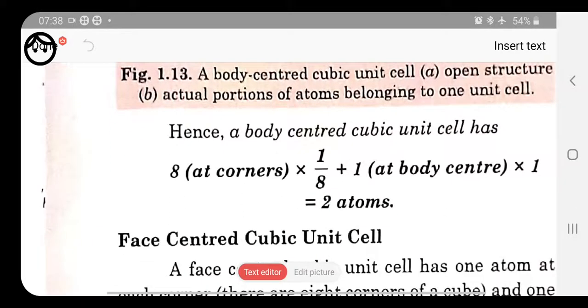By combining this, a body centered unit cell has 8 into 1 upon 8 plus 1 because of the body center, into 1. So the total in the body centered unit cell is 2 atoms: 1 because of the corners, and 1 present at the center of the body.